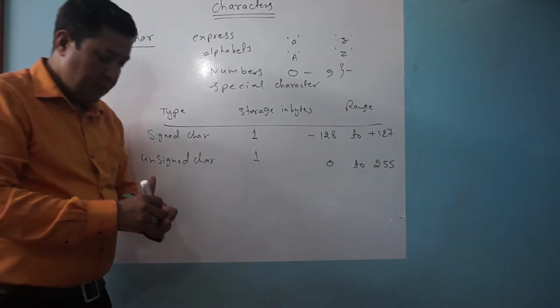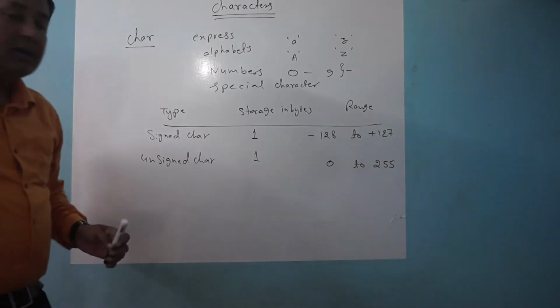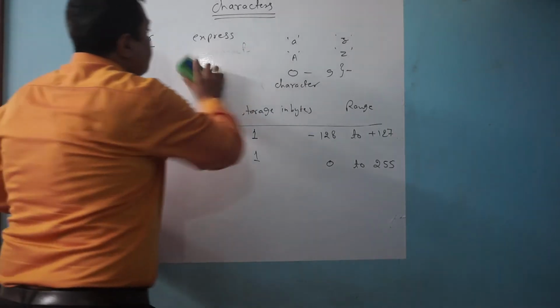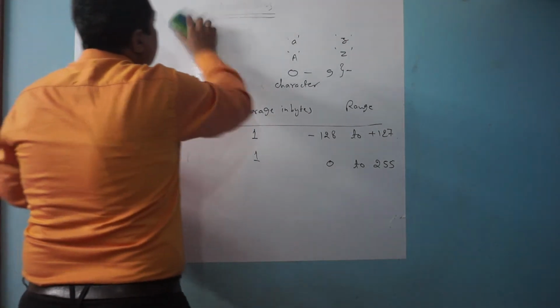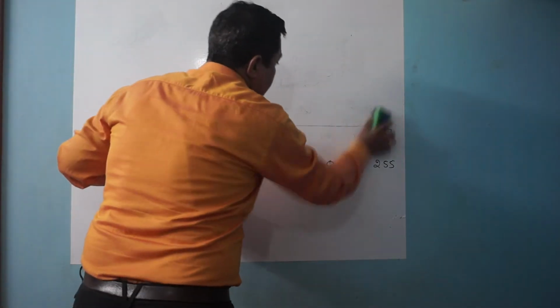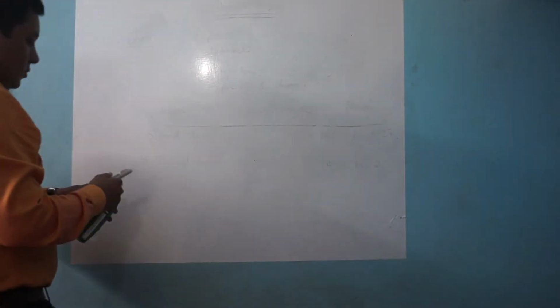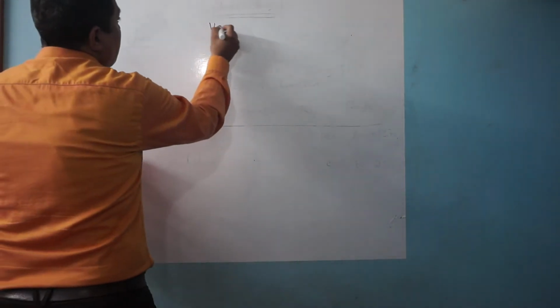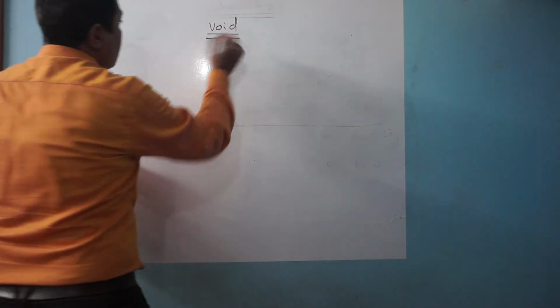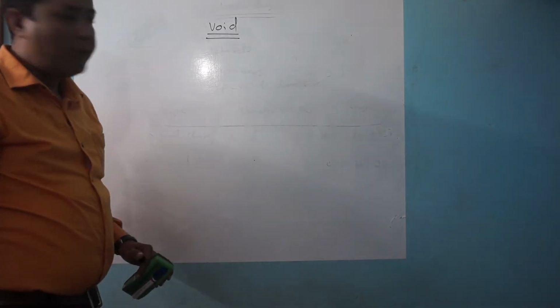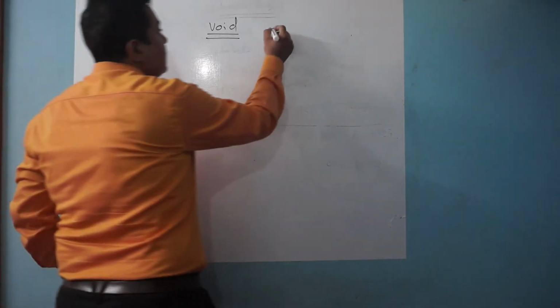Now move on to the other data type, that is void. Void is a special kind of data type provided by C language that means nothing.